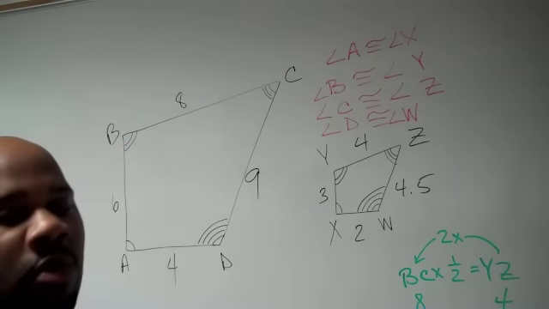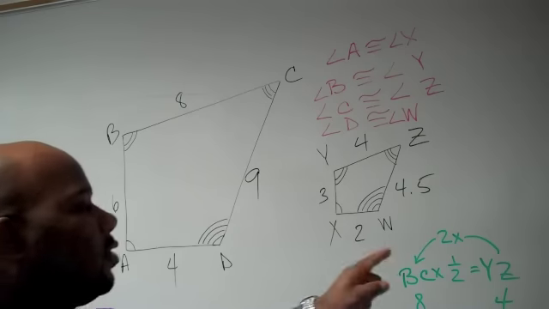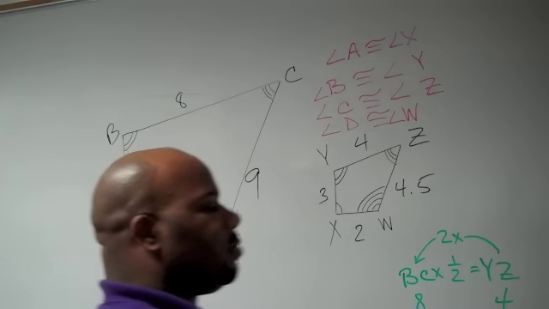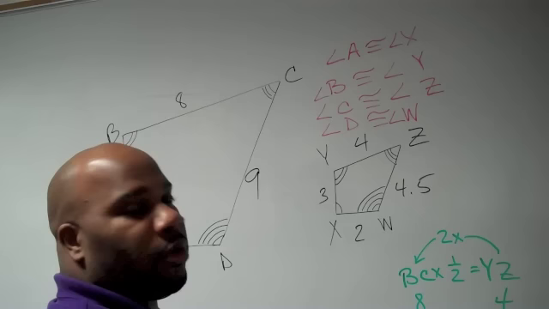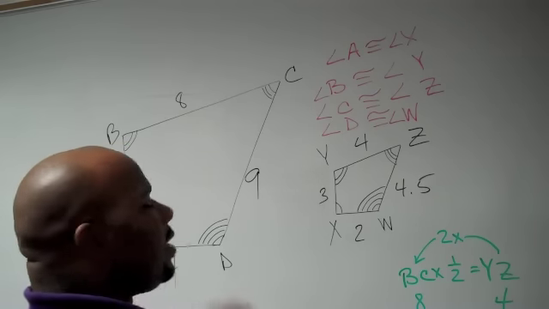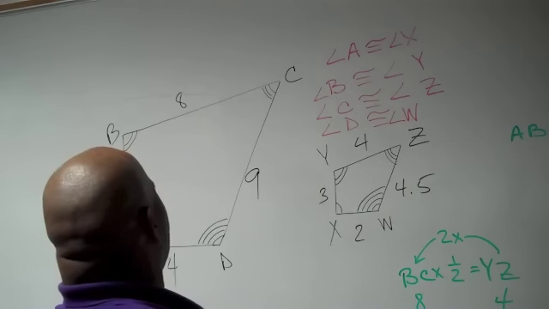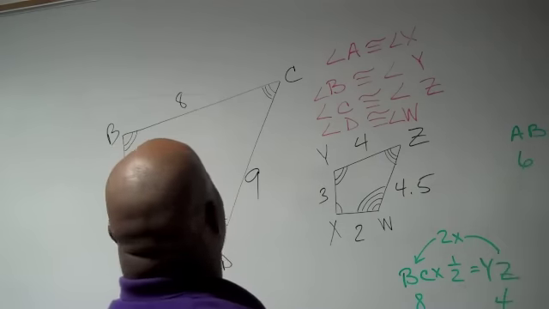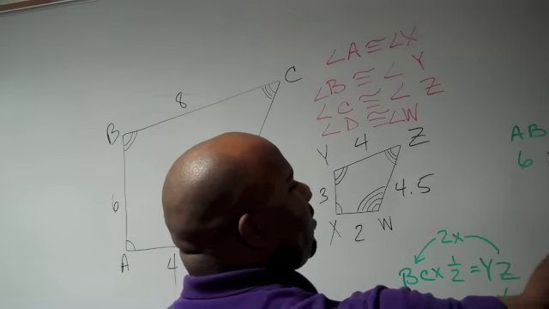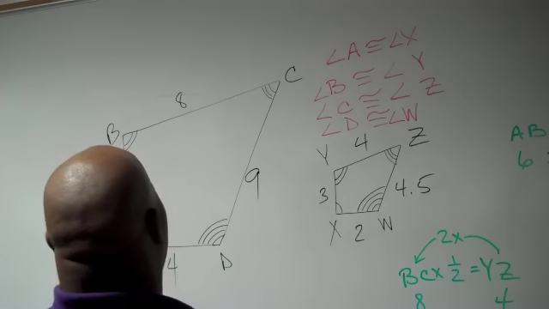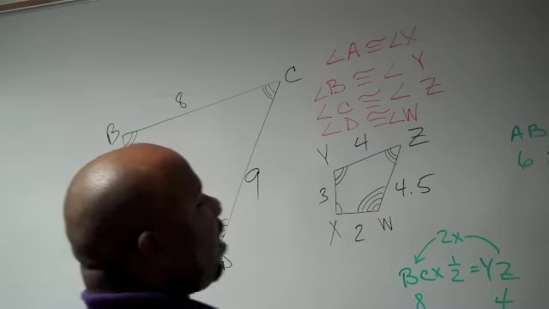Let's just go from the larger quadrilateral to the smaller one for these purposes. And we need to make sure every side has this same proportion. So let's look at side AB. Side AB is 6, and if we multiply it by 1/2, we get 3. So side AB is congruent to side XY, right?